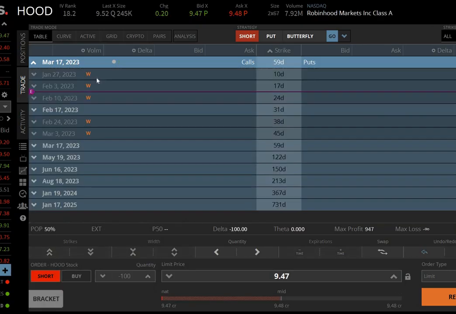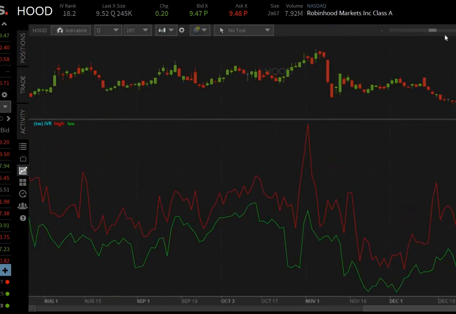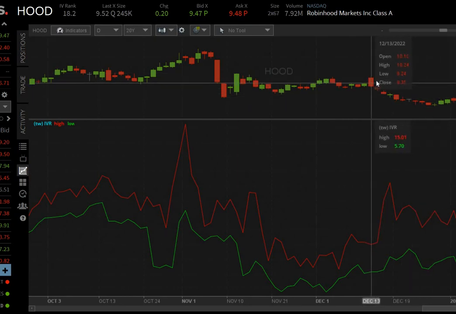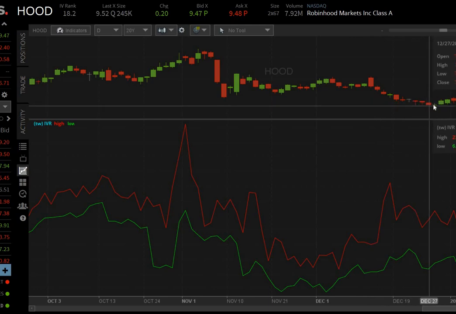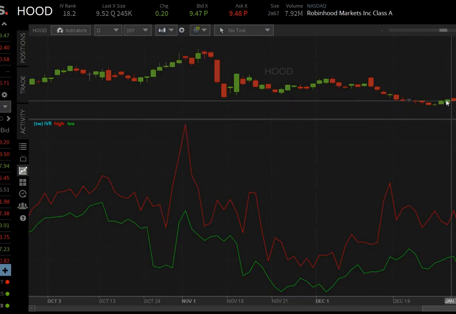And if we take a look at what happened with HOOD, we go over to the daily chart, we can see that the price came down a fair bit from about the $10 mark, went below $8, and then now it bounced back and almost hit $10. So I opened this trade on the 22nd of December.